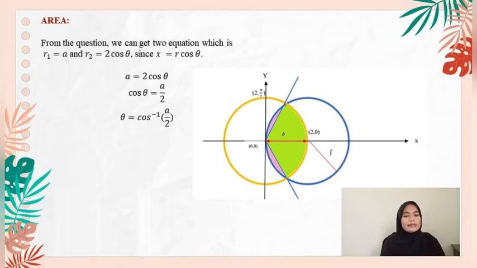Therefore, the area that the goat can graze is when we add the green area with the pink area, since both areas are the same. We just need to calculate one part and multiply it by 2 to get the whole area that the goat can graze.